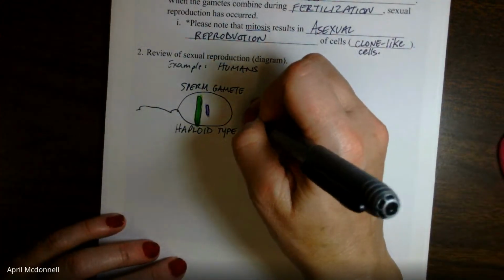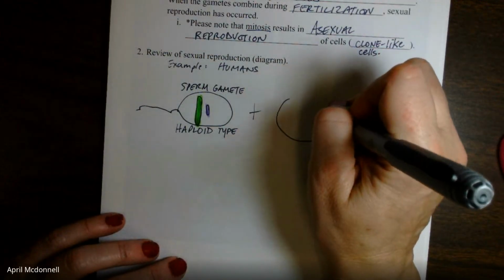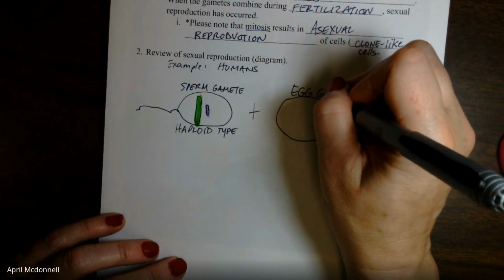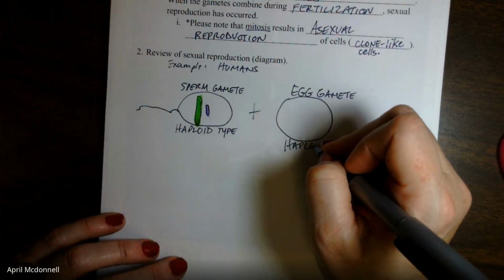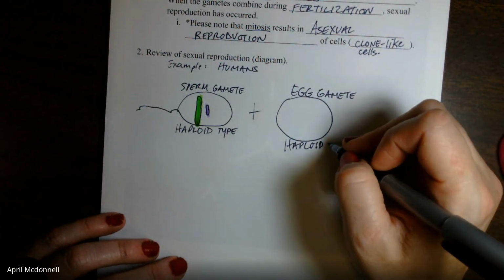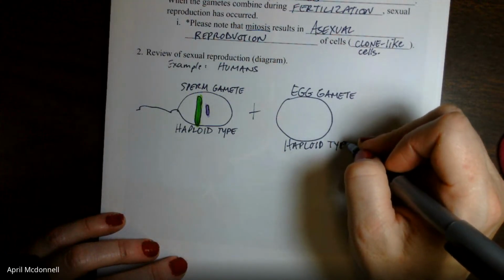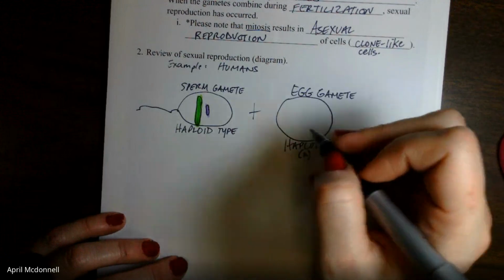So here also is our egg gamete, not drawn to scale. And this is also a haploid type of cell. And remember, haploid can be symbolized with a lowercase n.